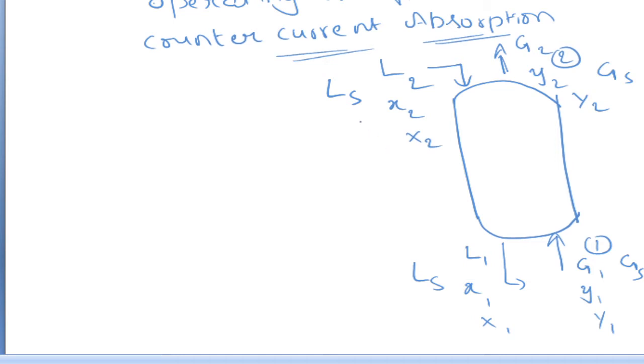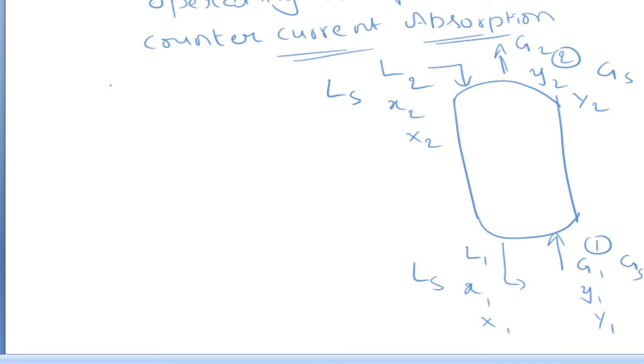Because the number of moles of non-diffusing component doesn't change during the process, it remains the same throughout the operation. That means at position 2 it's the same Ls, and at position 1 also the same. So, the Ls value and Gs value don't change during the process. They stay constant across this column.